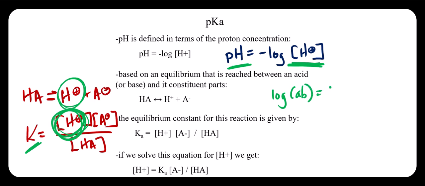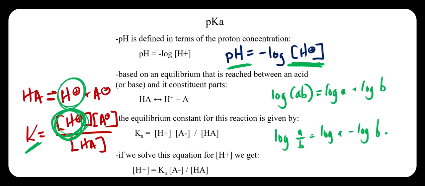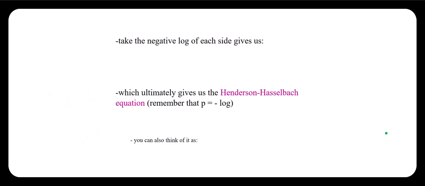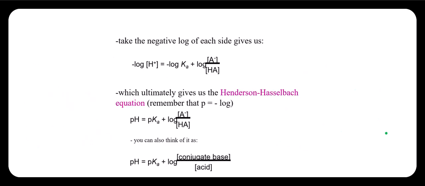Log of AB is log of A plus log of B, or log of A over B is log A minus log B, in case you don't remember that from college algebra. So plug all that in, and what you're going to get is the Henderson-Hasselbalch equation, showing pH as a function of how much the acid dissociates, how much of the hydrogen ion I'm going to get.